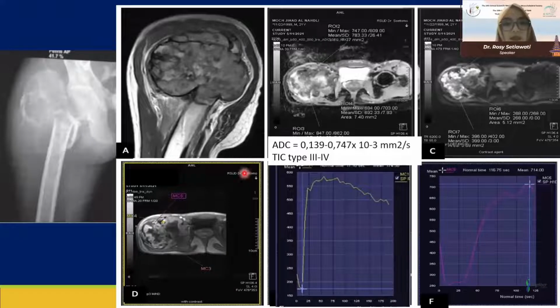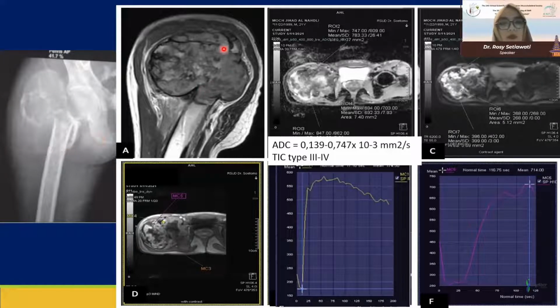This is another case of malignant giant cell tumor, where we can see a more destructive pattern of the lesion as well. We can see a pathologic fracture with very obvious soft tissue involvement, with an expansile ill-defined lytic lesion in the proximal femur.